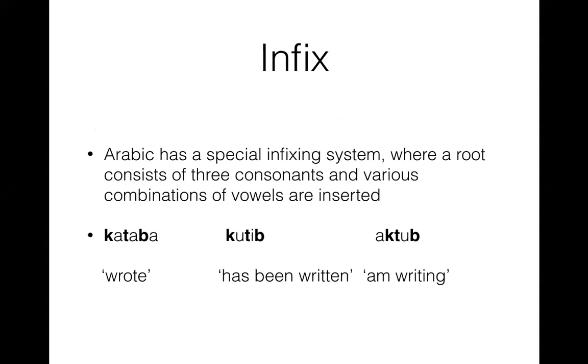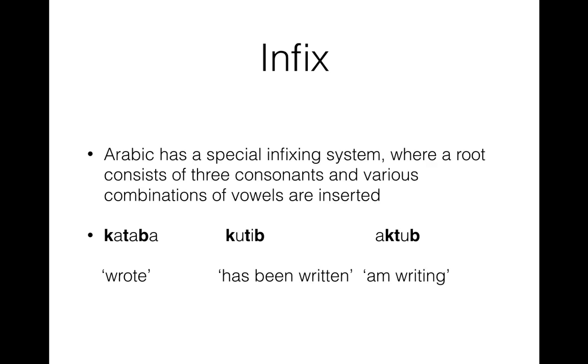This is Arabic. And as you can see, I have bolded the sounds that I want you to be concentrating on, right? So you can see you have a k, a t, and a b. And you can have different vowels inserted into this k, t, b, and have kataba, which is wrote, kutub, which is has been written, and aktub, which is am writing, right?